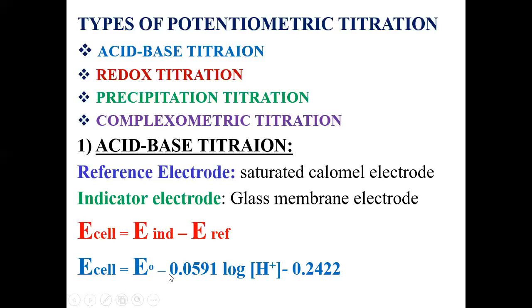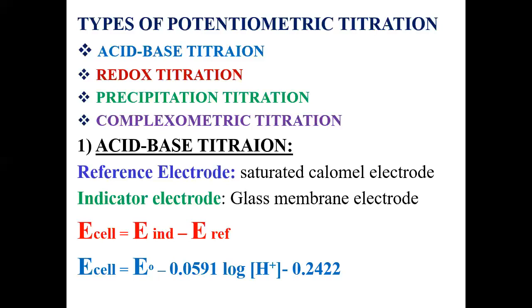minus 0.0591 log concentration of hydrogen ion, minus E reference. It means the standard electrode potential of the reference.